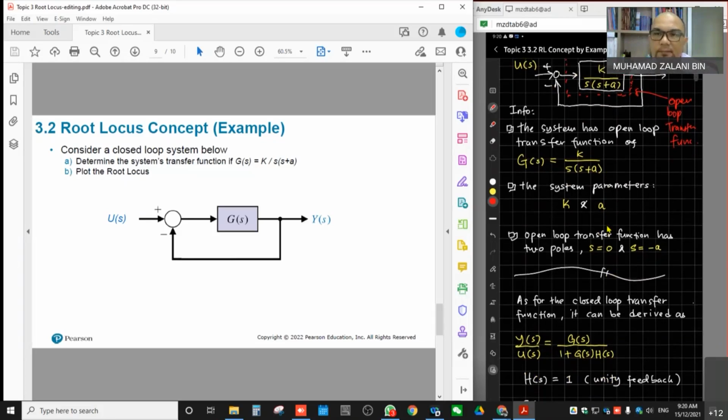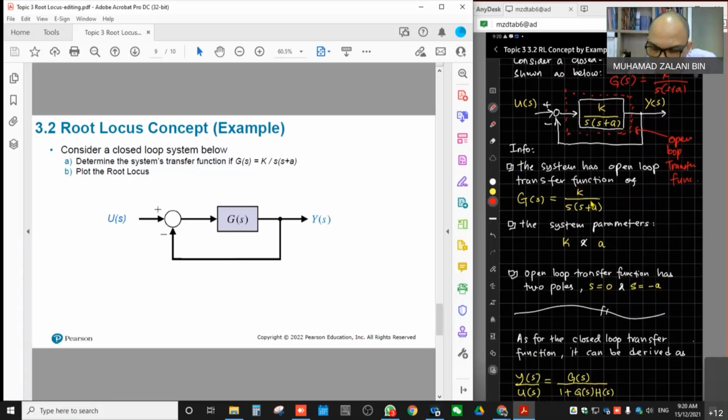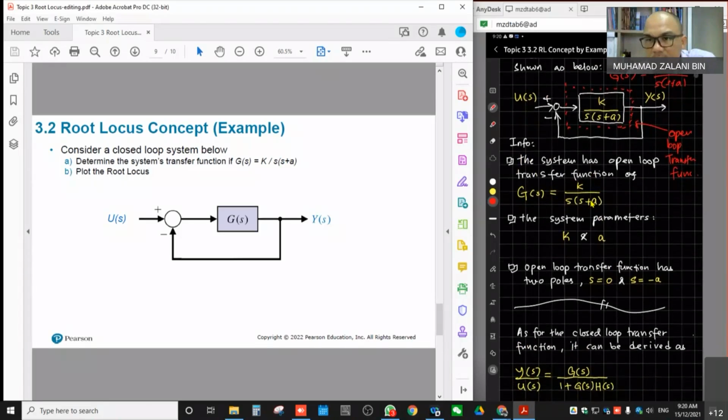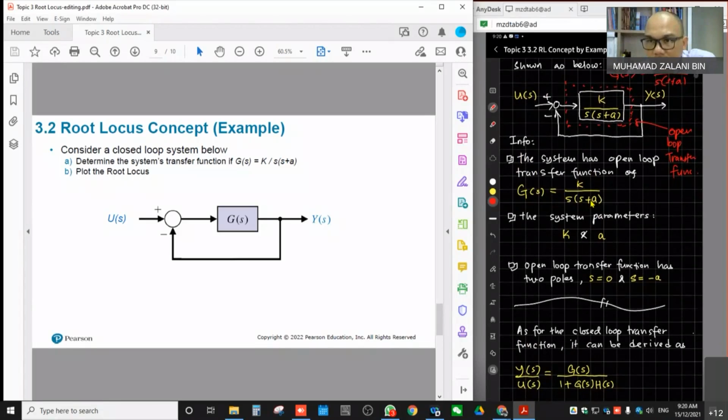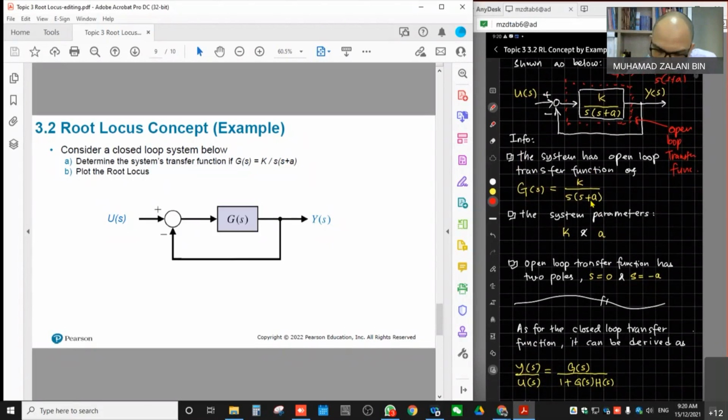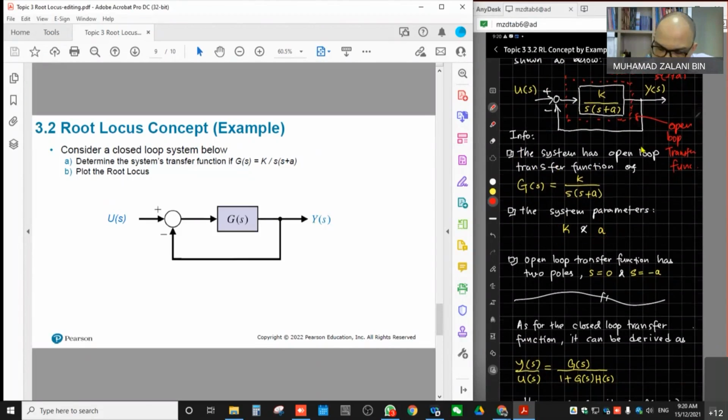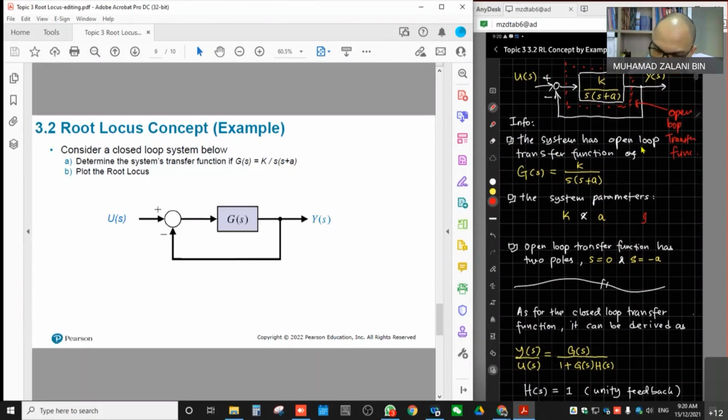And then that particular open loop transfer function has system parameters. We can see here the system parameters, which are K and A. K and A are the system parameters for that open loop transfer function, where S is the variable.